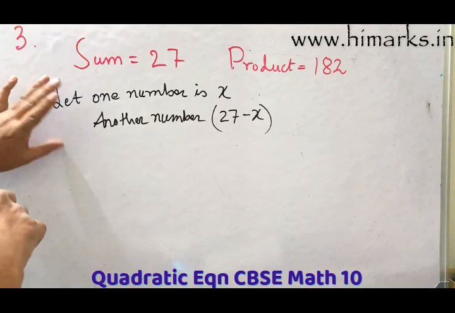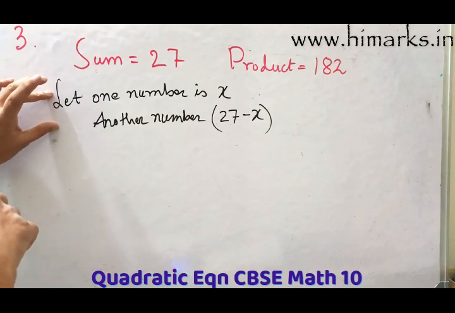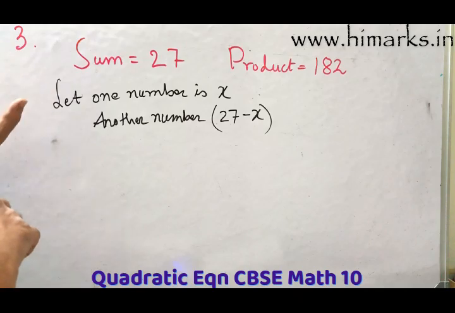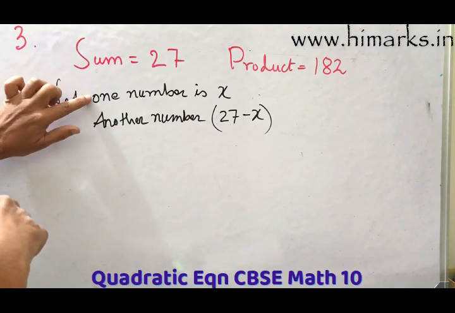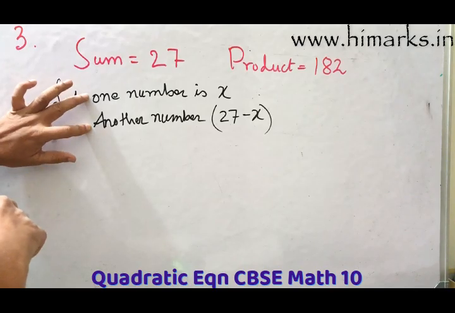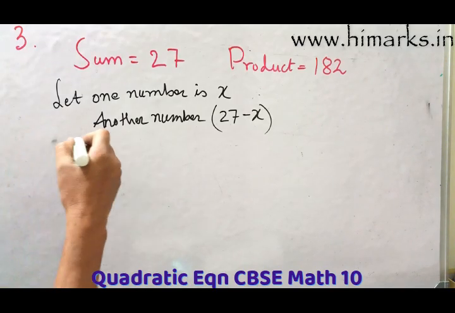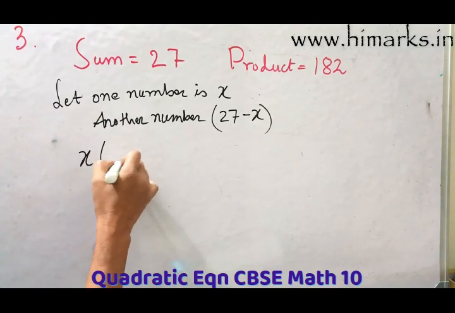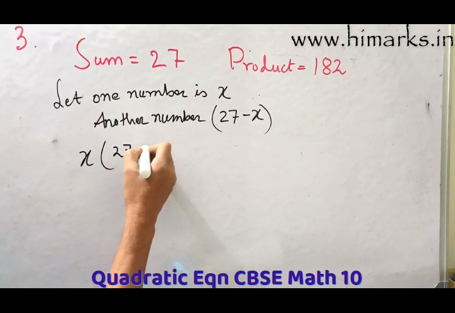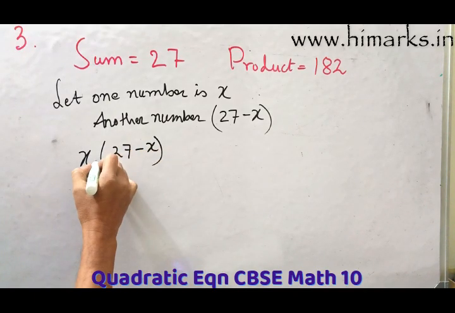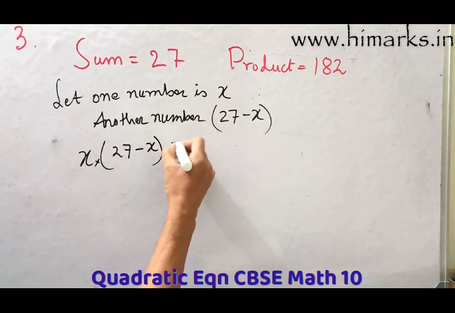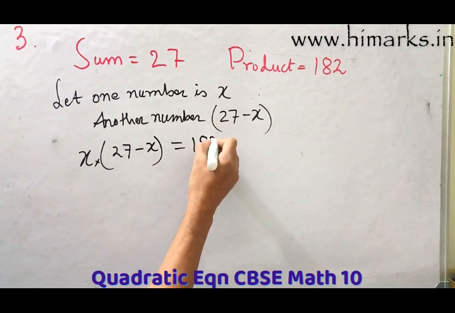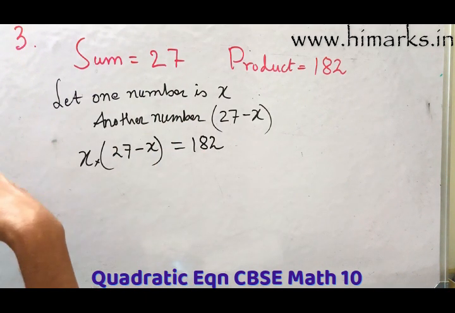Okay, so these two numbers are now found, but x is unknown, so we will find x. So now the product of this number and this other number is 182. So what will we write? X into 27 minus x. If we multiply this and this, we get 182, which is very important.